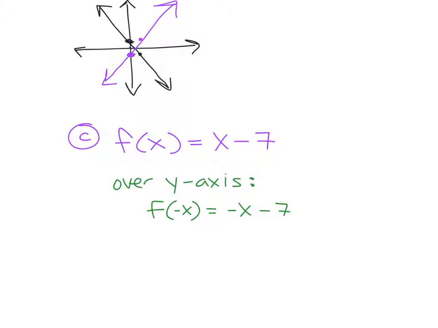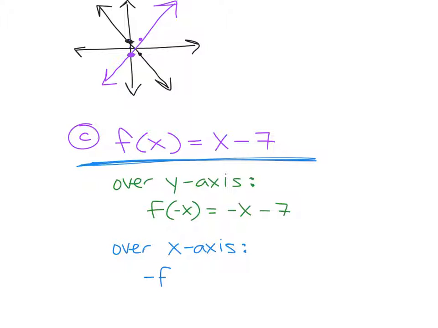Okay? What if we go over the x-axis? Starting back where we started from. Negative x plus 7. So it'd be the opposite of f of x. And you make everything opposite. So it was a positive x, so now it's a negative x.